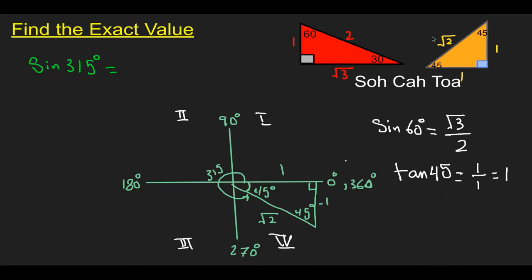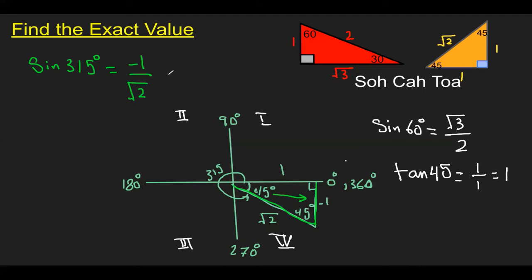Okay. So let me use this green so we know that we're dealing with this. And the sine is opposite, which is -1. So that's the opposite right here, over the hypotenuse, which is √2. Okay, so that should be the answer.